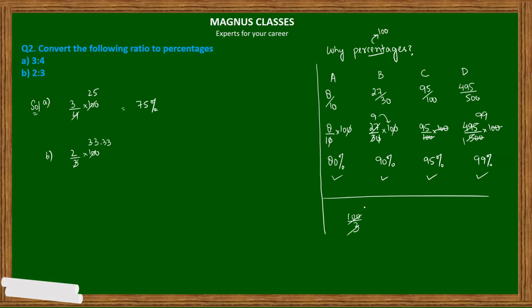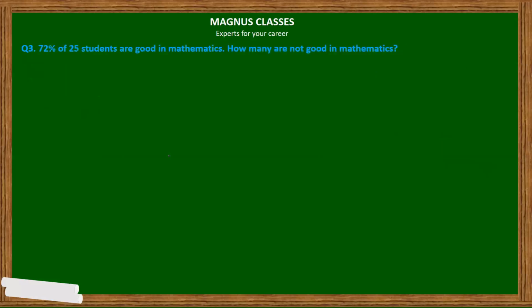So 3, 3 are 9, then 1 gets carried. It will be 10 again. So it will be again 3, 3 are 9 and 1 still remains there. So 1 by 3 is 0.33. So 33.33 multiplied by 2 will be 66.66 percentage.